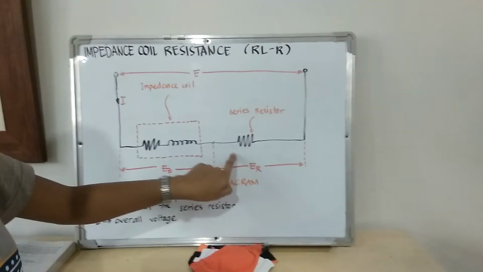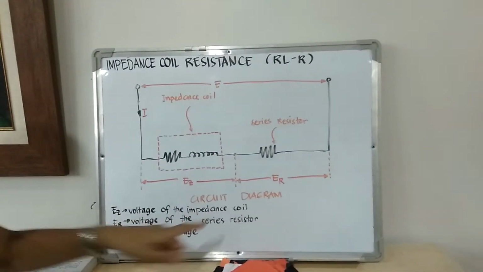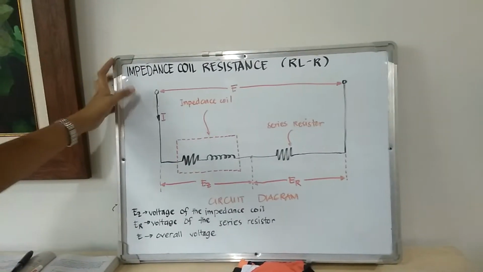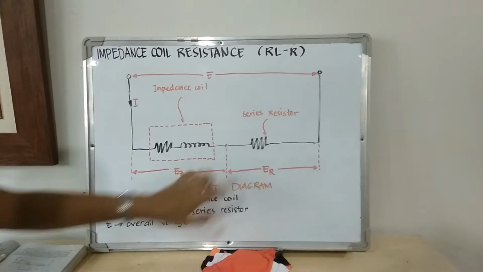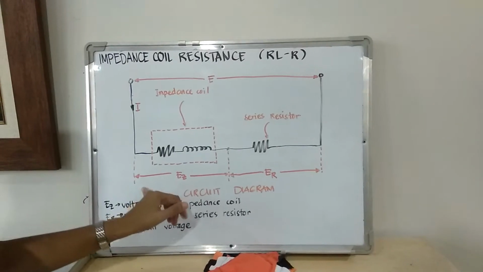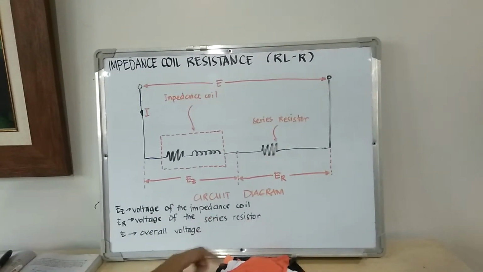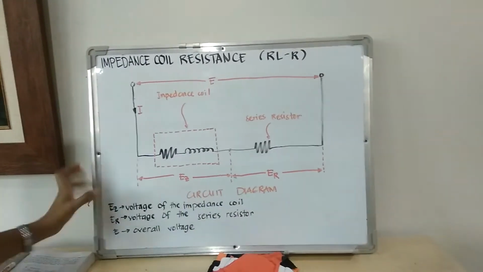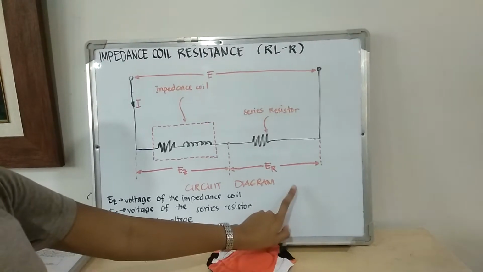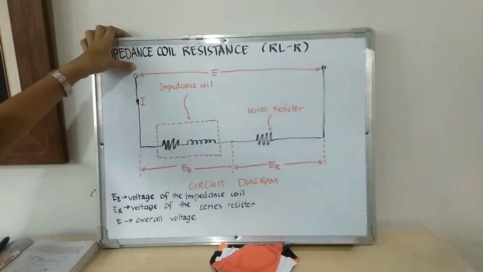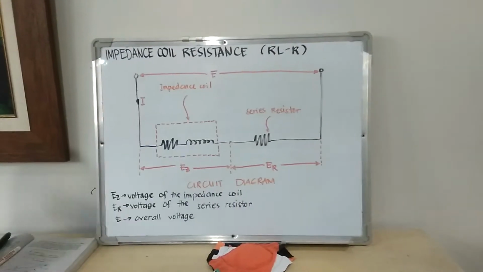So here, let's connect a resistor in series. So next, from here to here, we can identify the EZ or voltage of the impedance coil. Then from here to here, we can determine the ER or the voltage of the series resistor. And then from here to here, we can determine the overall voltage.